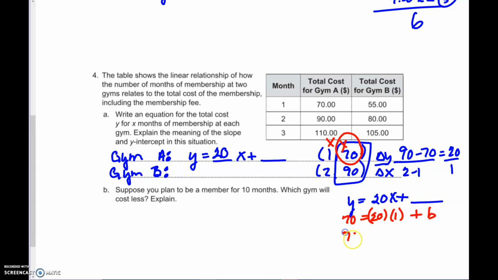So the second step is always to multiply. 20 times 1 is 20. The third step is to either add or subtract, and we are going to subtract 20 from both sides, and we get 50 equals b. And remember, I added a 4th step, and the 4th step is to now go finish your equation. So this y-intercept is 50.